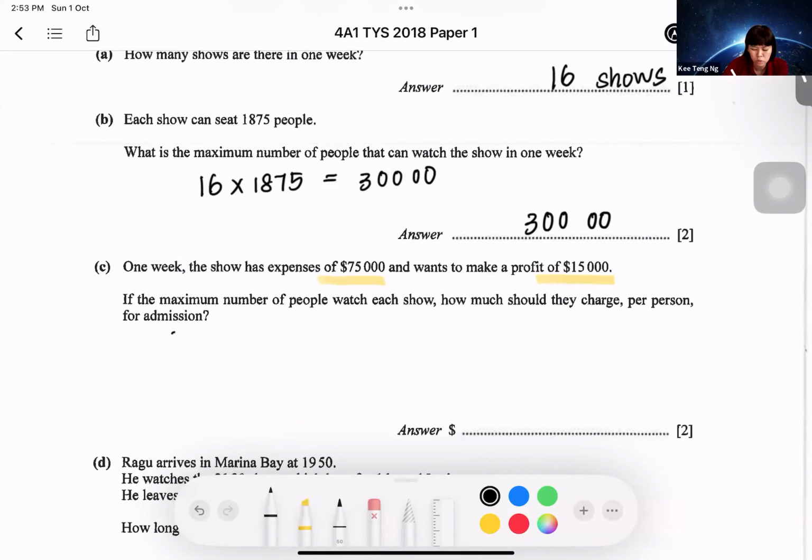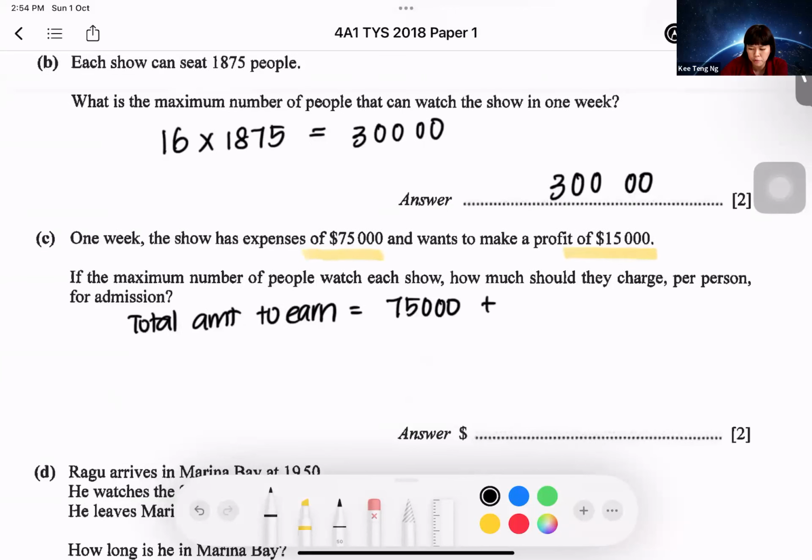So I need to know the total amount that I should earn. I need to cover the expenses, right? So I need to take the expenses plus the profit that I want. And this one will give me 9,000.